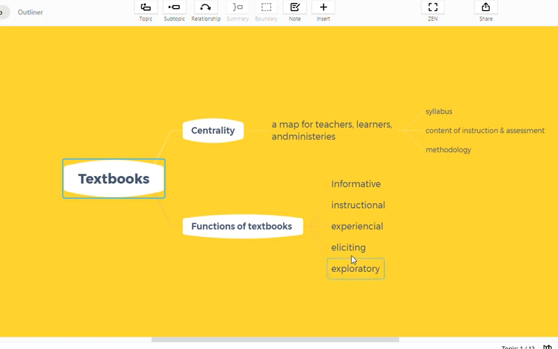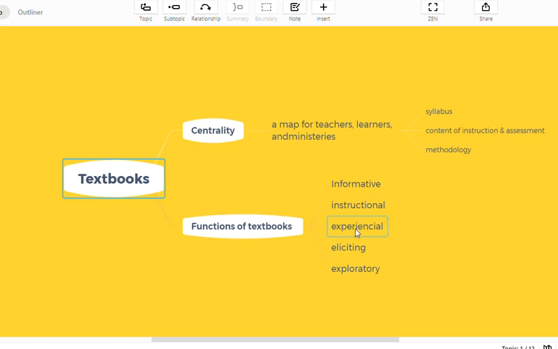So these five functions of textbooks are very important, especially numbers 3, 4, and 5. Here there's a question. From now on, if you are asked to evaluate a textbook, you should consider these functions.